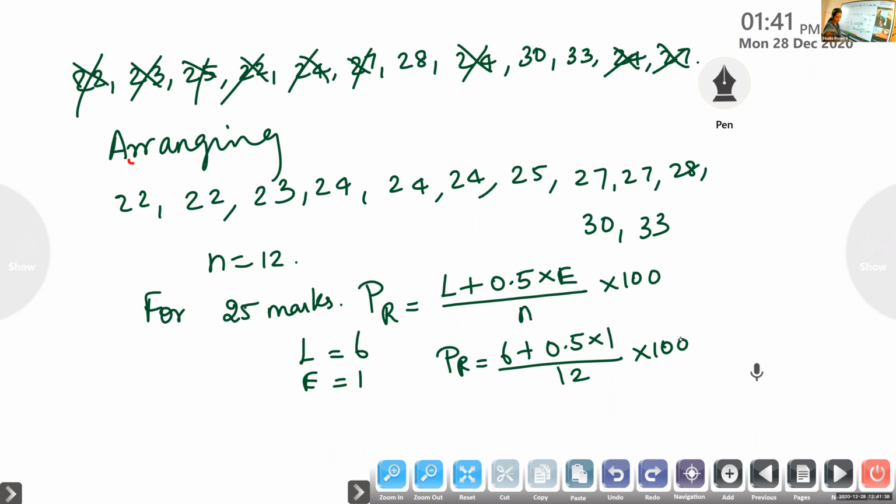See children, write all these formulas separately and keep them with you. 6.5 by 12 into 100.